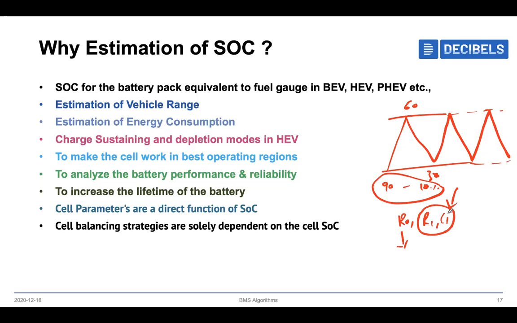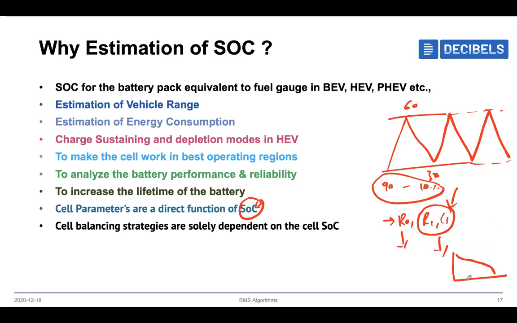These parameters are dependent on state of charge and temperature also. So if you have a proper estimate of state of charge, then we can estimate proper R0, R1, C1. If we can estimate these, then for any current profile we get the lithium-ion behavior. To get this behavior, these parameters play a very important role.